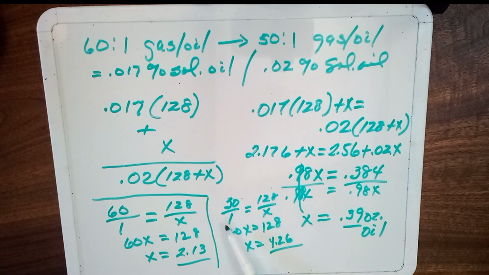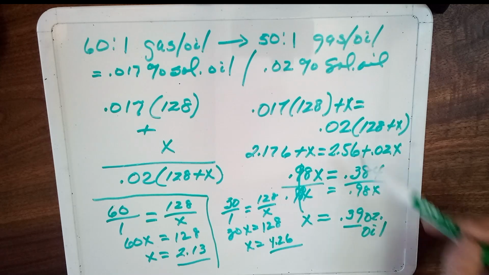So here's the math for it. 30 to 1 mix, 128 ounces of gas, 30X is equal to 128. X in this case would be 4.26, which is twice what the 60 is. It all makes sense. And again, that's for 1 gallon of gas added at one time.